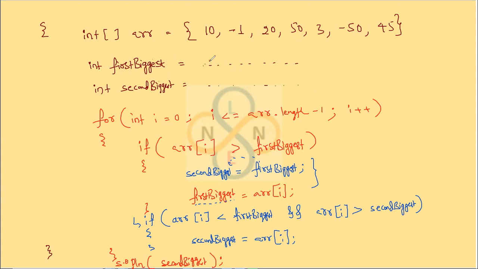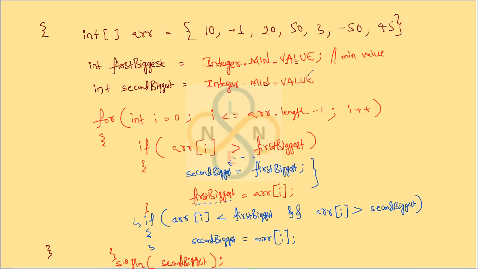That is by using the predefined wrapper class Integer.MIN_VALUE; this is the minimum value of integer, which we assign to the reference variable first biggest. Similarly for second biggest it's exactly the same, Integer.MIN_VALUE.